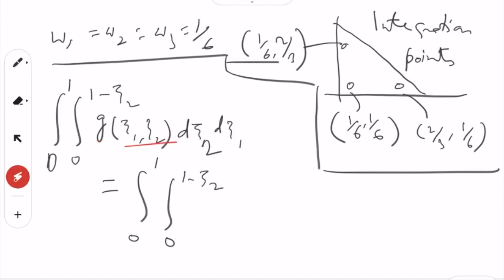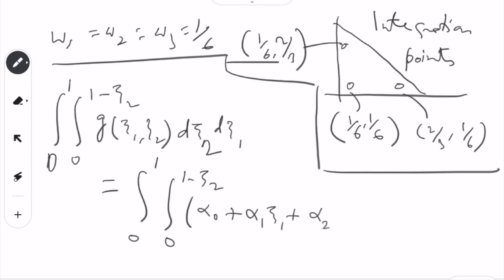So, this will have different combinations, right. It could be like we wrote, alpha naught plus alpha 1 xi 1 plus alpha 2 xi 2 and so on, right, and then d xi 2 d xi 1.